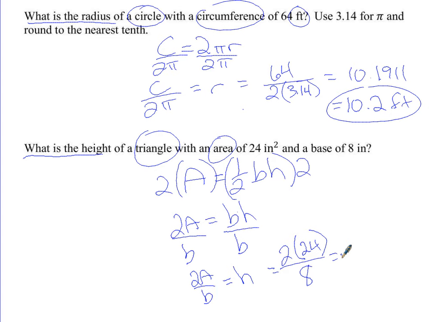Or I can go 2/8 reduces down to 1/4 and then 24 over 4. Or I could go 24 divided by 8 first and then multiply by 2. No matter what route I go, what do I get? 6 what? 6 inches, this is a height, so it's just inches.